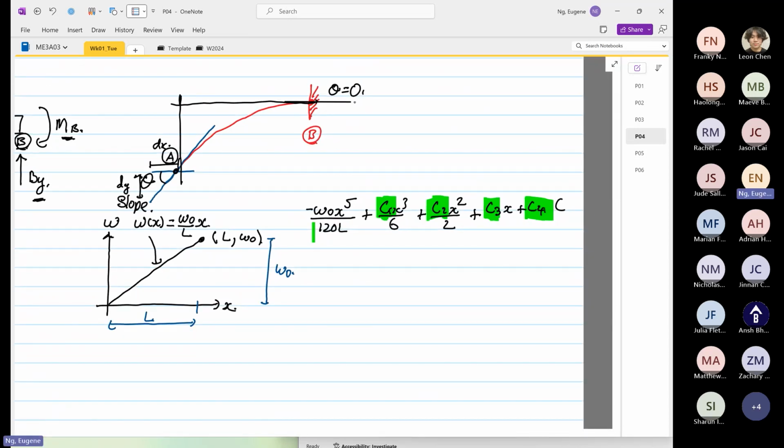So this is our x, and this is our y, and y as a function of x is equal to 1 over EI, square bracket, the whole thing. Okay. So that's how you determine the deflection of the beam.